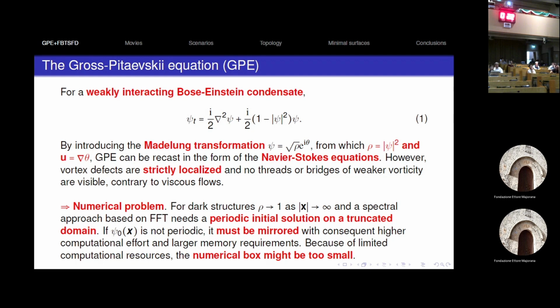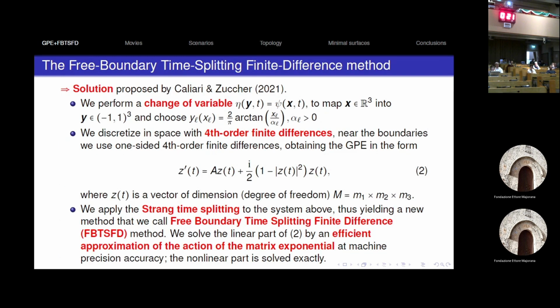transform, which is obviously very efficient, you need a periodic box. And if your initial condition is not periodic, you need to mirror your initial condition in all directions. And so you end up with 8 times your original degrees of freedom. And this might require a lot of memory and might become a huge problem.